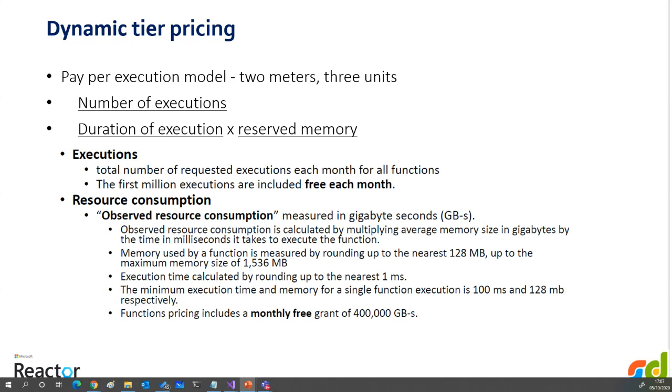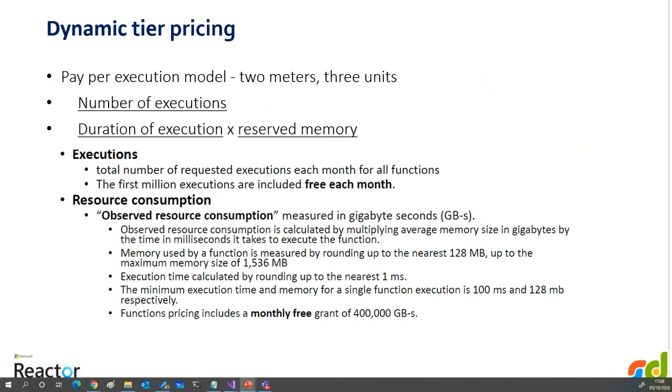And remember that in the dynamic tier, I say that you pay per execution, but it is not only the number of executions. You pay for the number of executions and also the duration of your execution and the reserved memory that this execution needs.